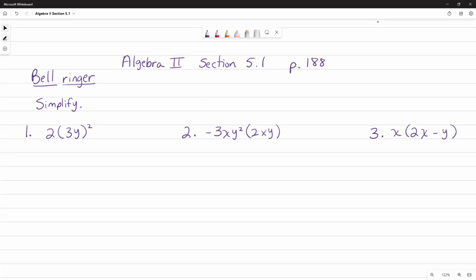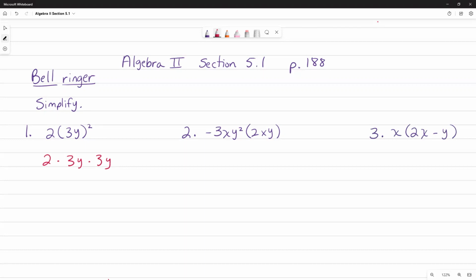All right, so does anybody remember? This is sort of a combination of order of operation. Actually, it's just order of operation. How we would simplify these. So 2 times 3y squared. We've got to simplify the exponent first. So what would 3y squared be? 9y squared. Right. So this is 2 times 3y times 3y, if you really have to break it down.